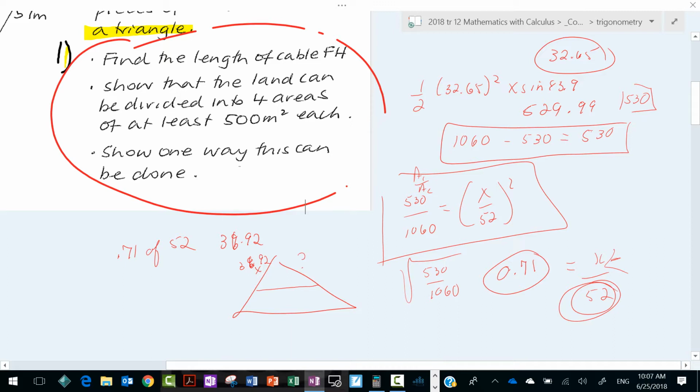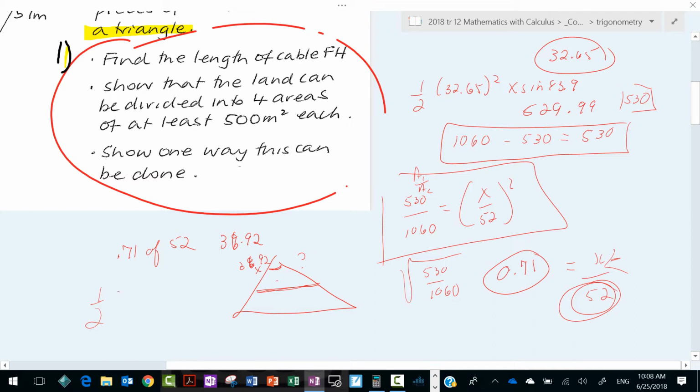So I can use my formula in various ways. I know what this is. I know what this is. I can basically find this side by sticking it into the formula, and you decide what formula you want to use to find that side. You can use the area formula, because we know the area of this triangle here is 530.